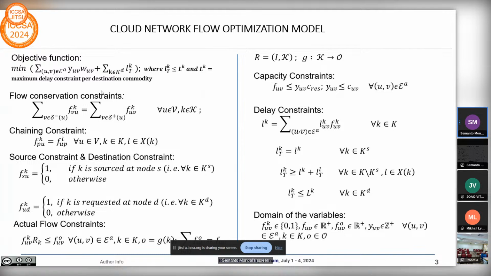The left hand side is about the overall cost, and the right hand side of this formula is about the delay. So the objective function is related to the minimization of the overall cost and the delay of the content flow or the content delivery in the cloud network. So we have used different constraints, like conservation constraint, chaining constraint, source constraint, and other constraints to develop this final optimization model.